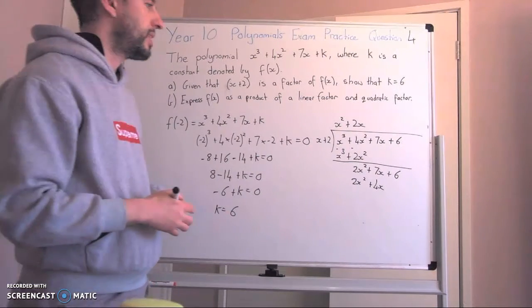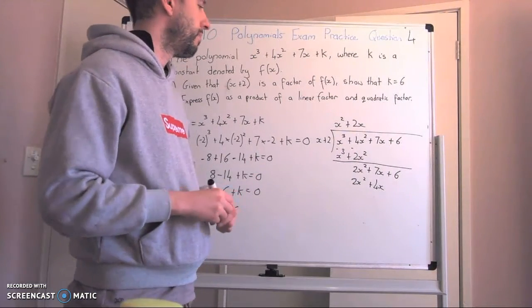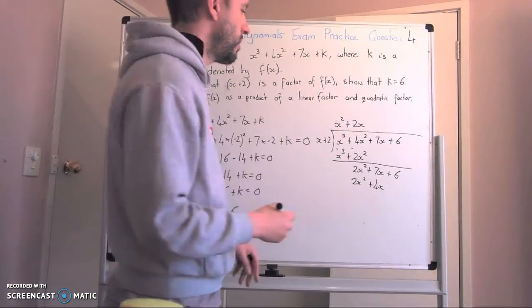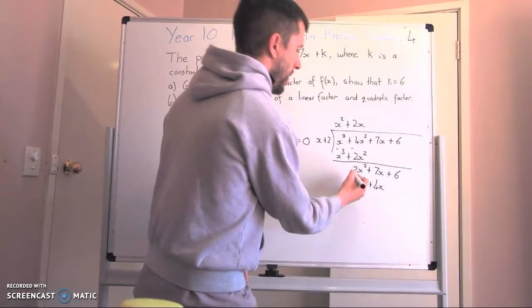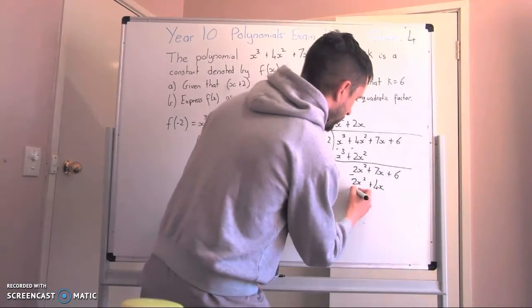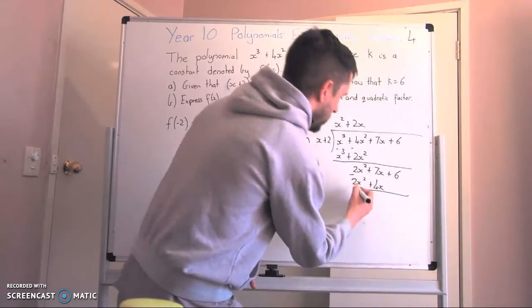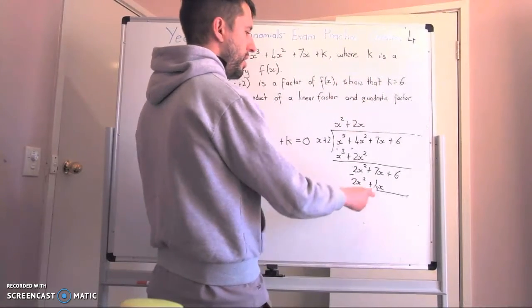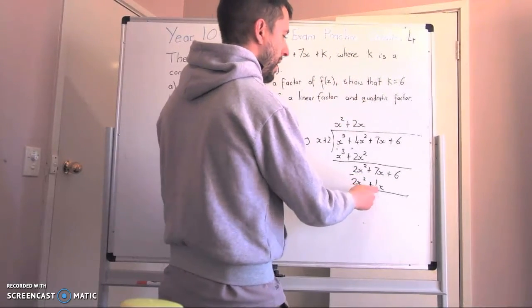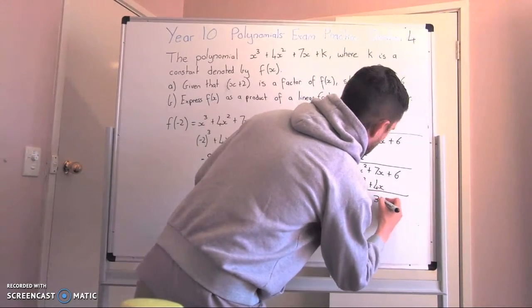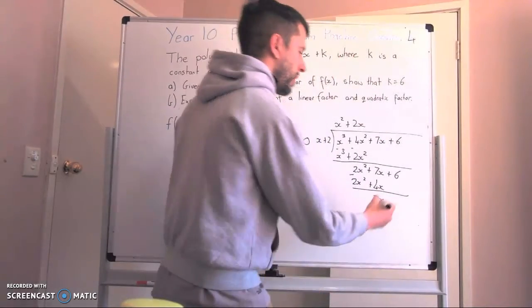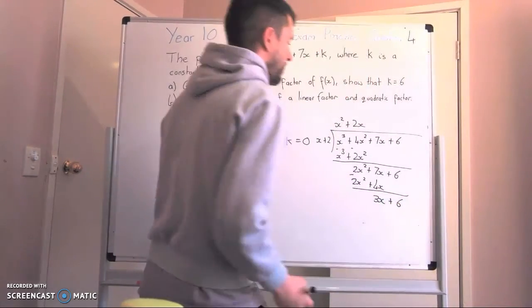So the next step is I need to simplify this and cancel that out. So 2x squared minus 2x squared is going to equal 0. And then I have 7x minus 4x, which is 3x. And then I have plus 6.